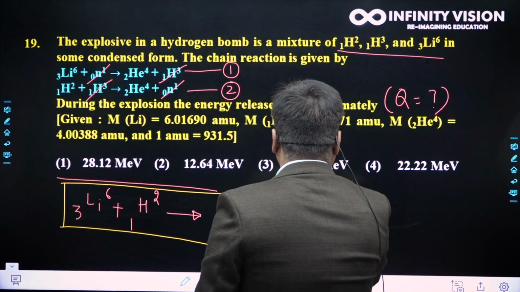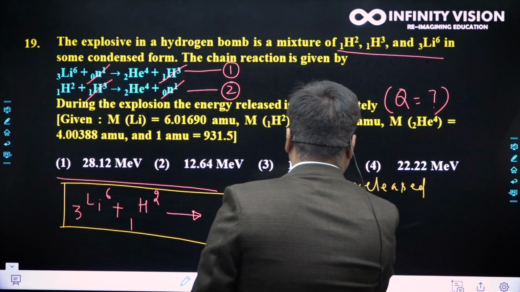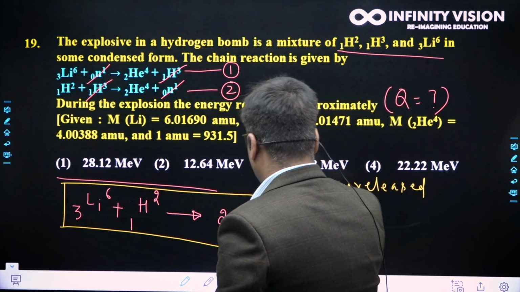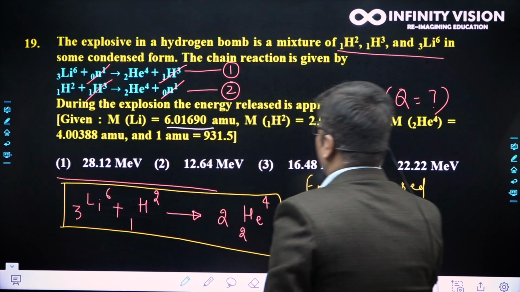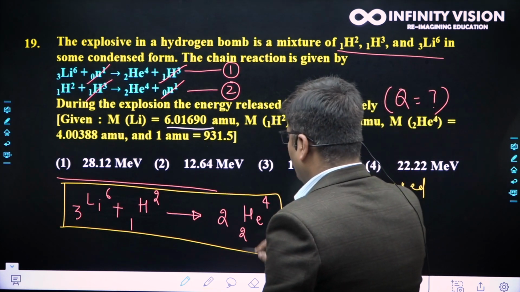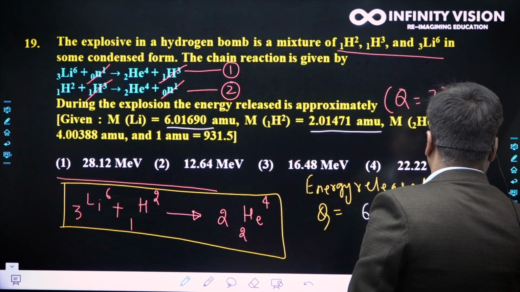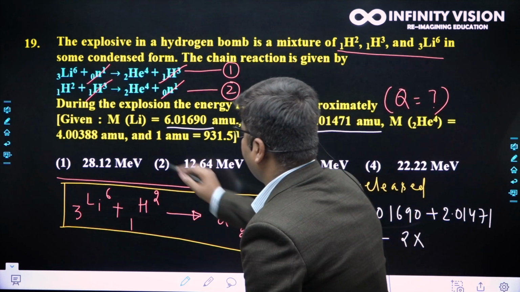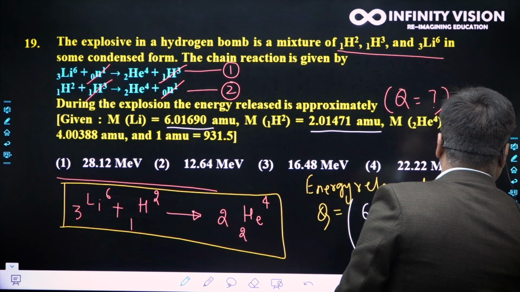So the Q energy release will be simply the mass of lithium, given in the question as 6.01690 u, plus the deuterium mass 2.01471, minus 2 times the mass of helium, provided as 4.0038, multiplied by C square.